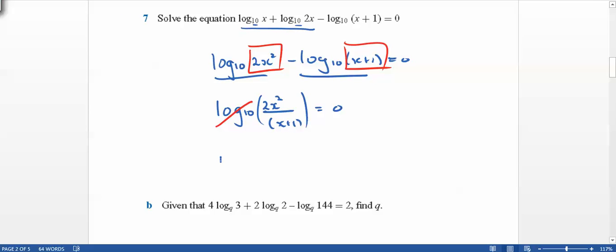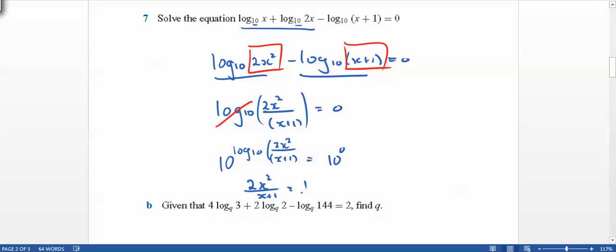So technically we're doing 10 to the log to the base 10, and they cancel each other out, of 2x squared over x plus 1, is equal to 10 to the power of 0. And anything to the power of 0, one of your index laws, is equal to 1. So what we've got so far is 2x squared over x plus 1 is equal to 1.